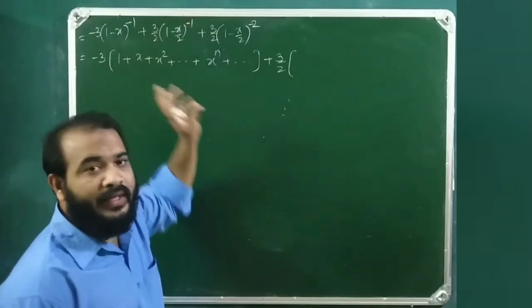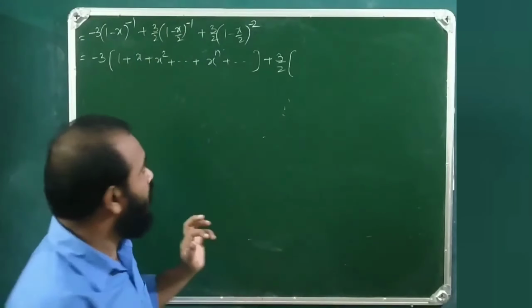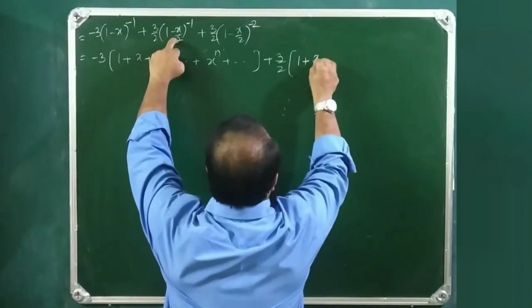Assume x minus 2 to be x. It has become 1 minus x whole power minus 1. So 1 plus x, in the place of x, x by 2.